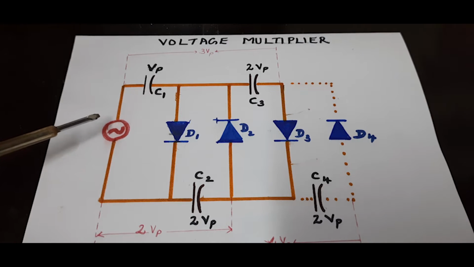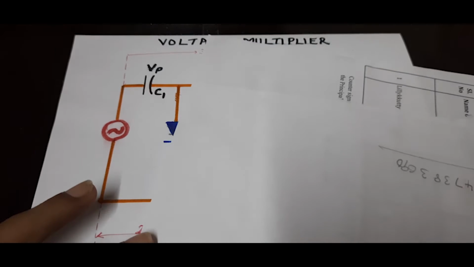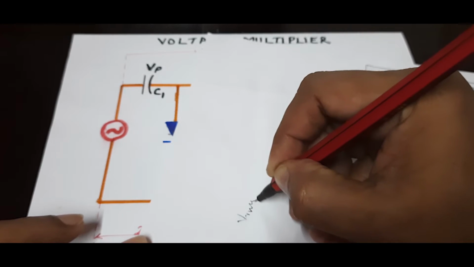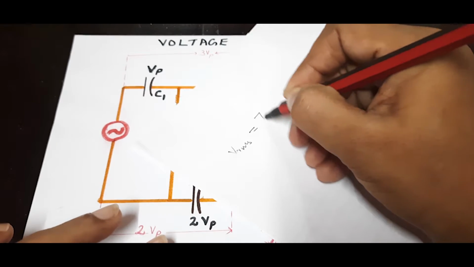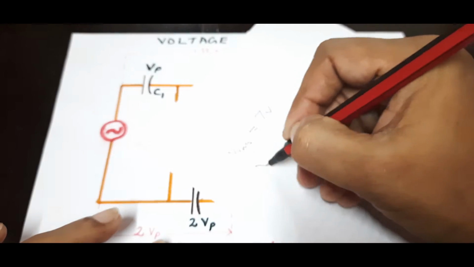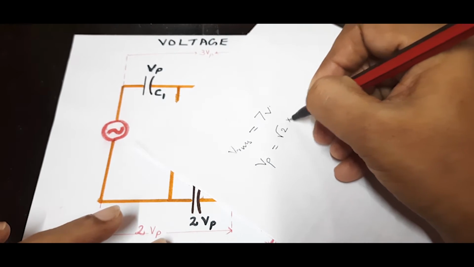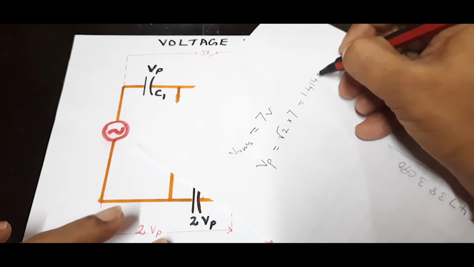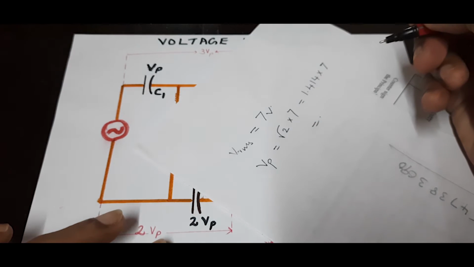For example, if my VRMS is equal to 7 volts, then Vp would be √2 times 7. That is 1.414 into 7. So that will be my peak value of voltage.